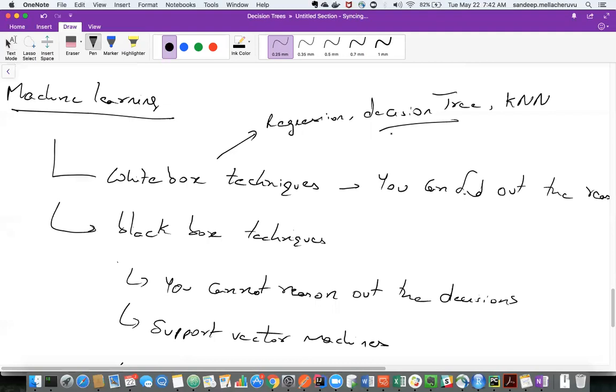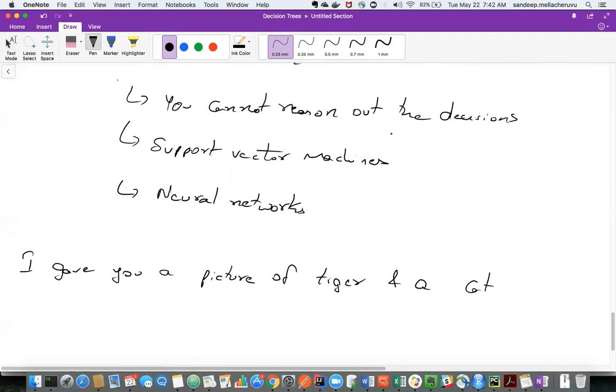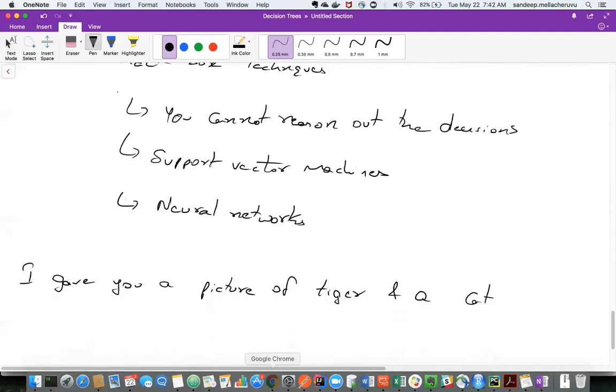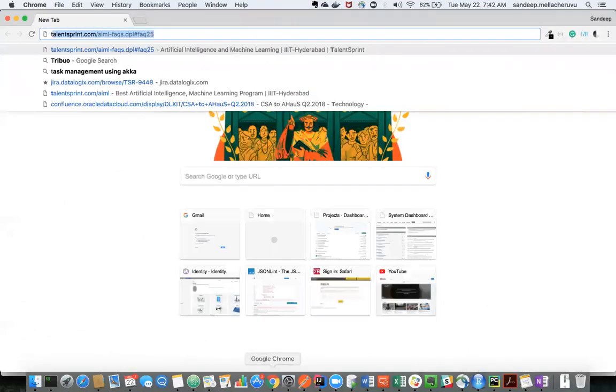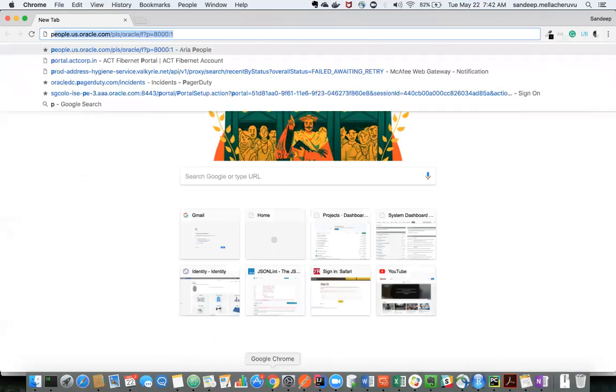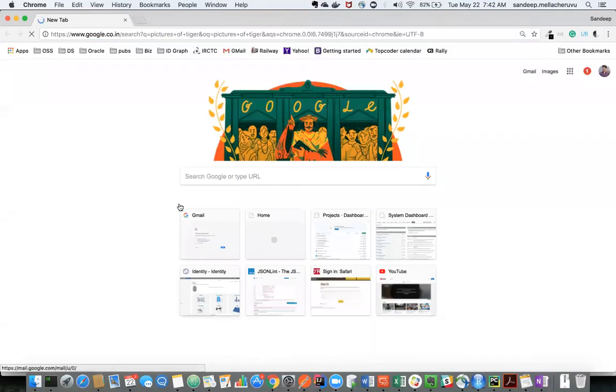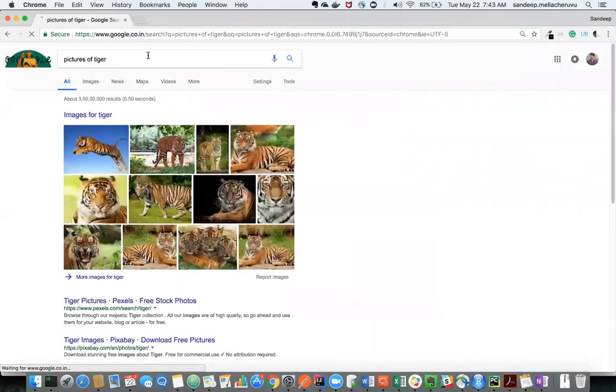Is it clear, everyone? Yes. So did you understand what a white box and a black box model are, and why you cannot explain the black box? Maybe I can ask you, pictures of a tiger versus a cat.